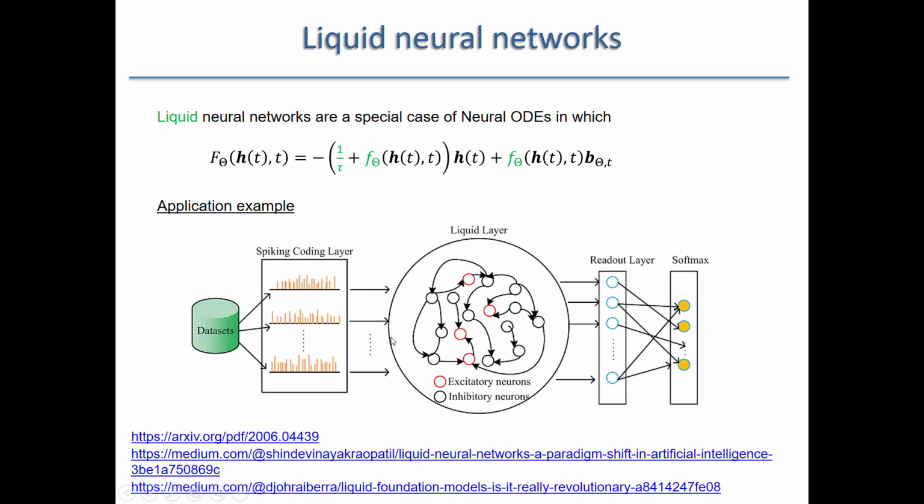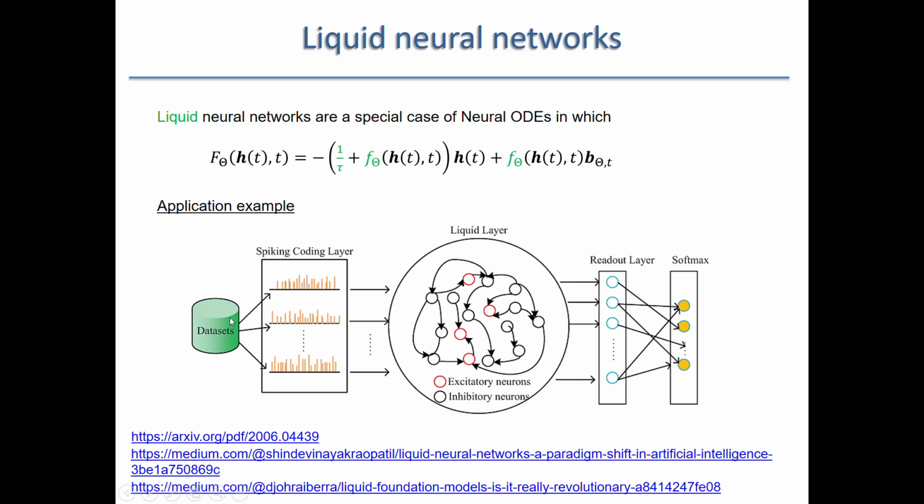And liquid neural networks have a fancy name, and it is nothing more than a specific family of this ordinary differential equations formulation, in which we have this f that depends on h and t, and then there is some parameter 1 over tau, and this f affects the h, and they affect the bias.